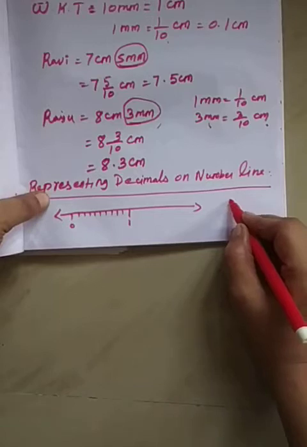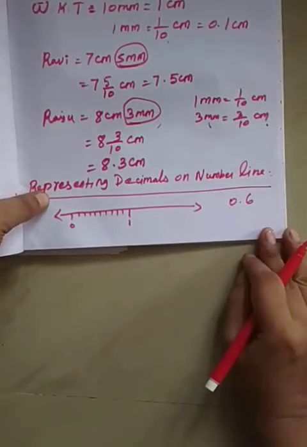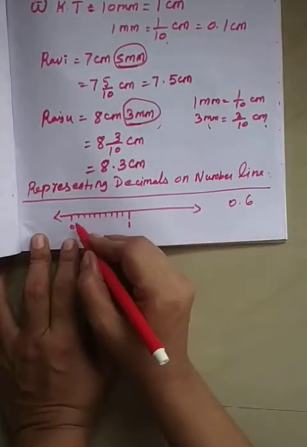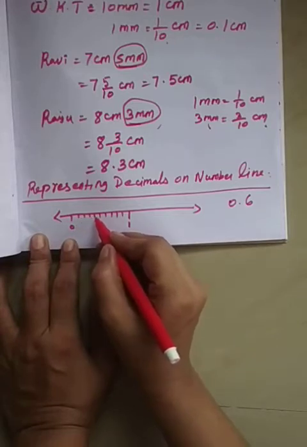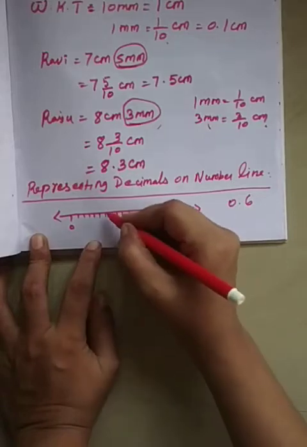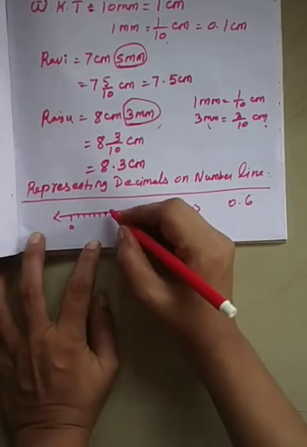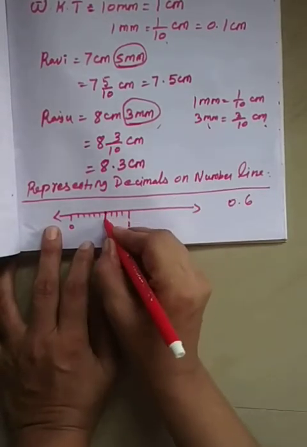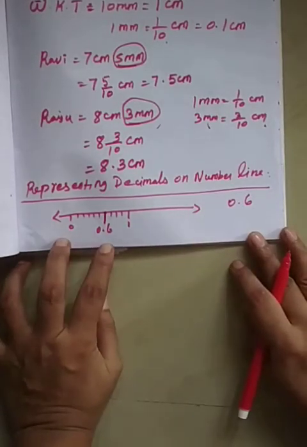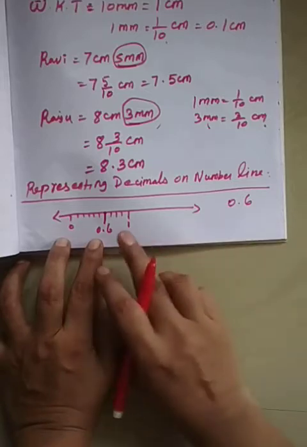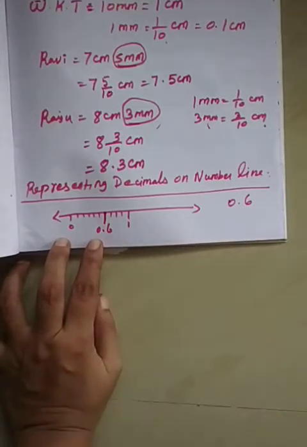My question is you have to draw 0.6 on the number line. This is 0, then 0.1, 0.2, 0.3, 0.4, 0.5, 0.6. In this place is 0.6. Everybody clear? So this is the decimal on the number line.